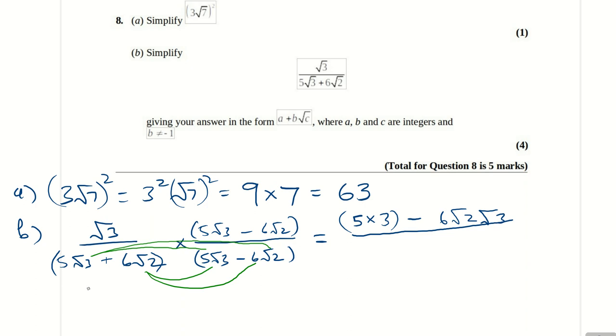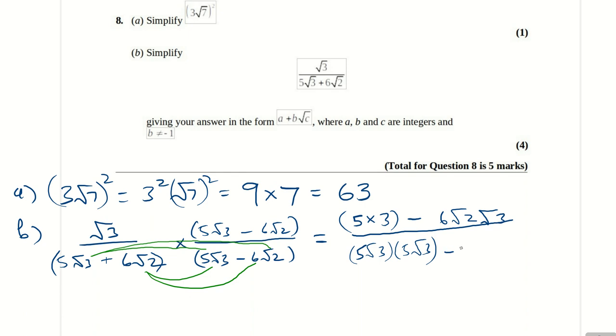5 root 3 times 5 root 3. The root 3's are going to multiply together just to give you 3. Now the terms in the middle, I'll write them out, but they will cancel out.